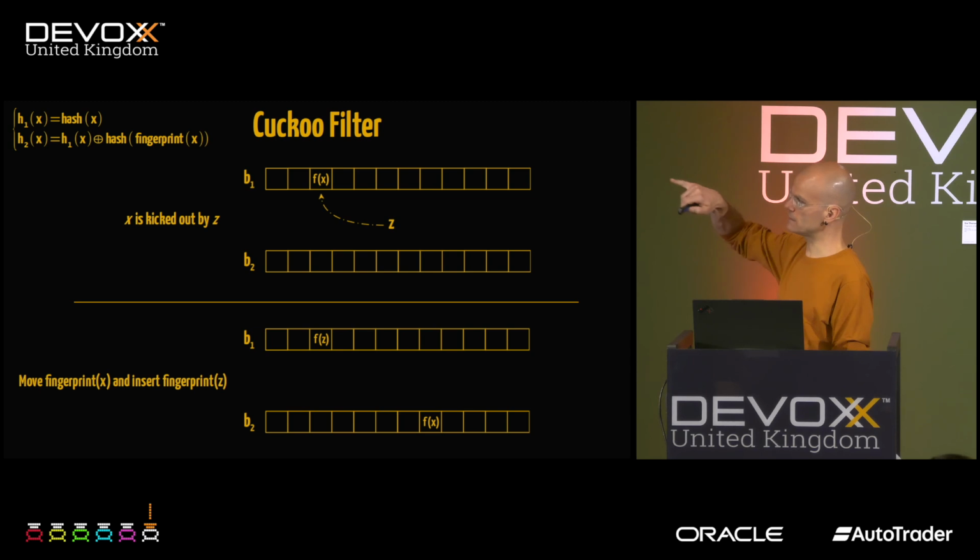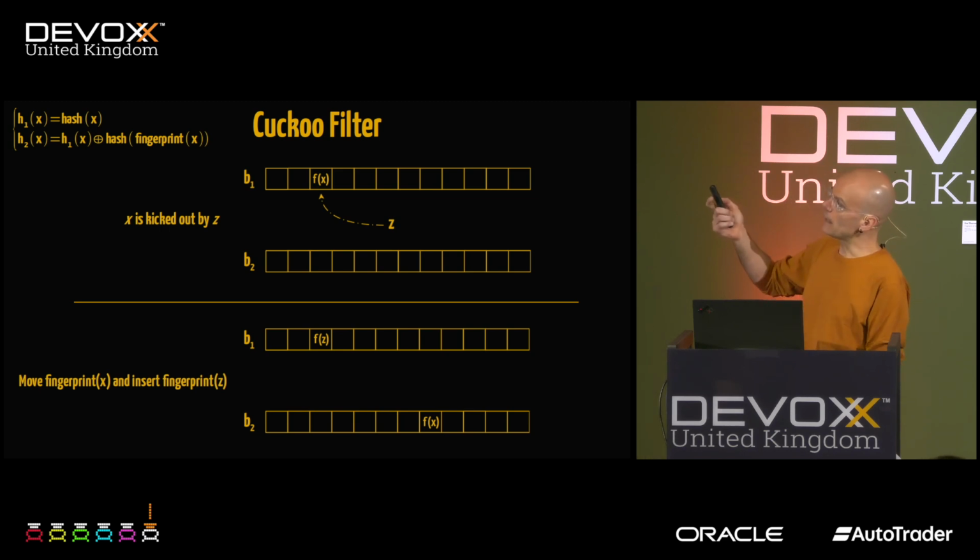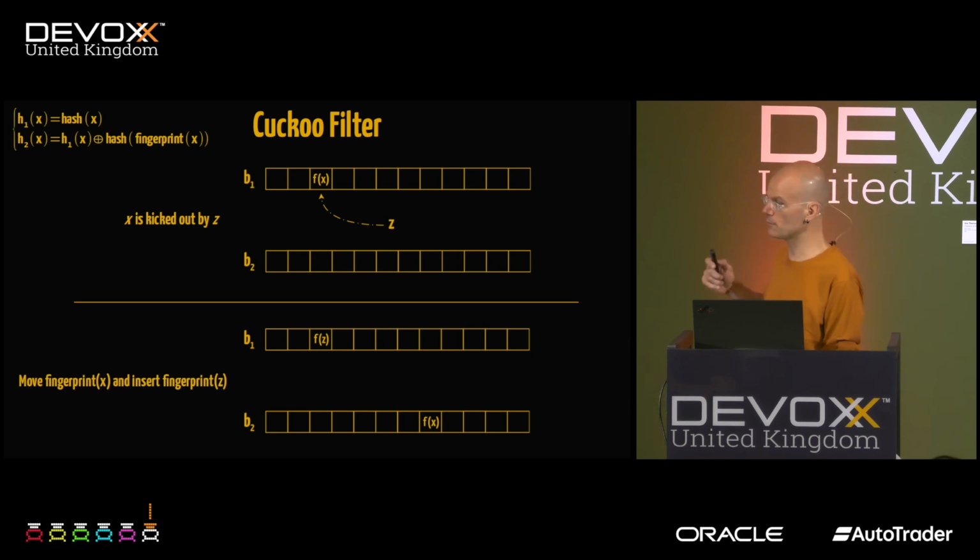But as you can see, the two hash functions are written on the top left of the slide. The position in the second array is given by h2 of x, which is h1 of x XOR the hash of the fingerprint. We have the fingerprint because we want to write z there, so we know the value because we can access the array.